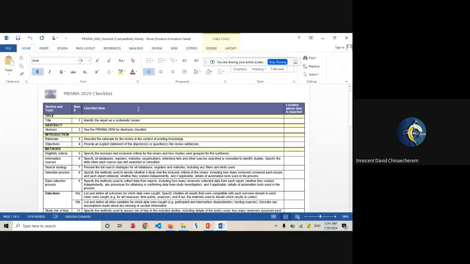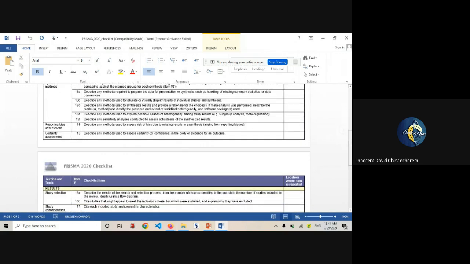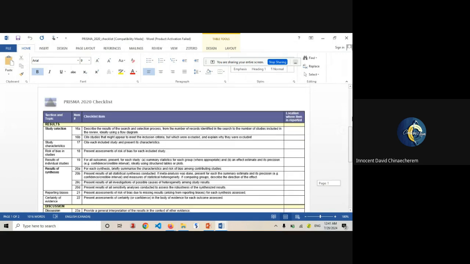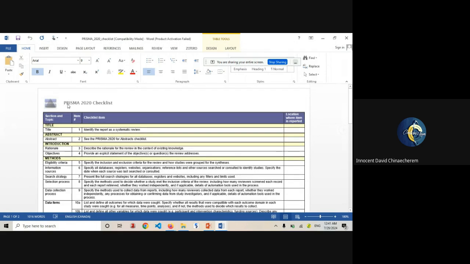So for me to conduct a systematic review, I have a checklist to follow. I just have to clearly follow that checklist, and that's it. If I want to work on whichever topic, I follow the PRISMA checklist. PRISMA means Preferred Reporting Items for Systematic Reviews and Meta-Analyses. So this is one of the tools, right?